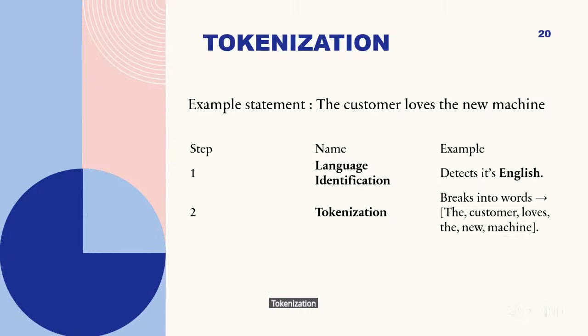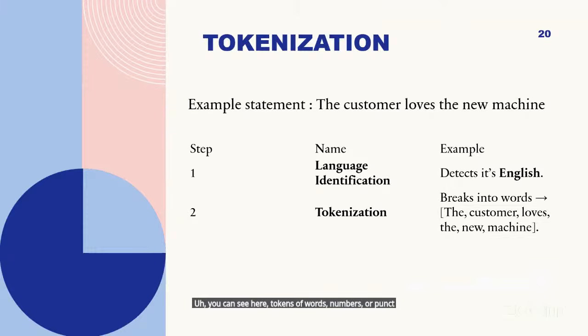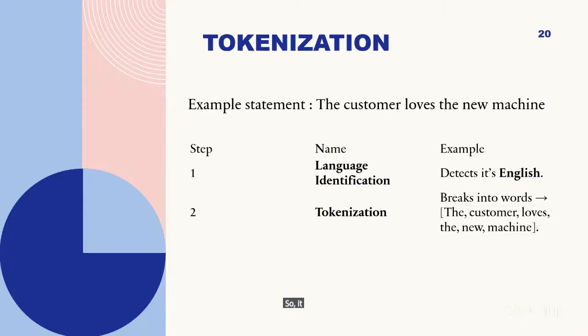Tokenization is breaking into words, as we saw in the previous slide: tokens of words, numbers, or punctuation. See the example, it breaks into words: the, customer, loves, the, new, machine. It is all done with tokenization.